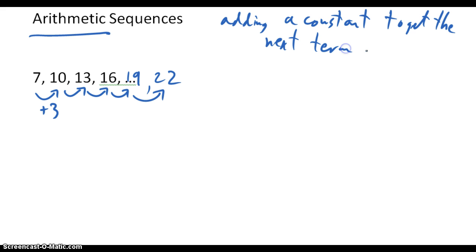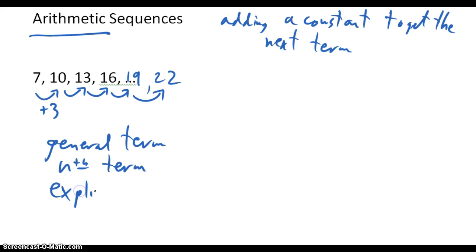Now, if I wanted what's called the general term, or the nth term, or the explicit formula, okay? That would be the explicit formula for this. Here's the idea.